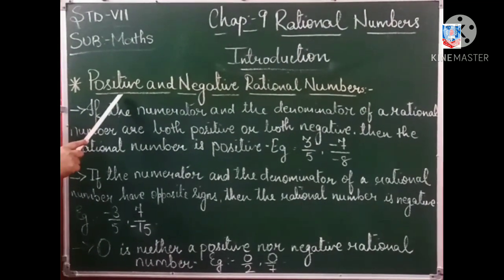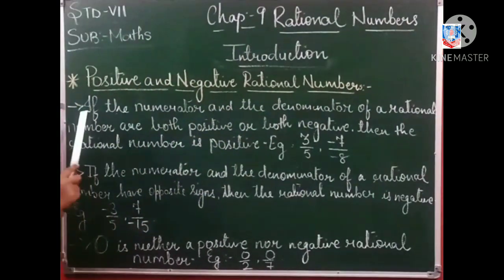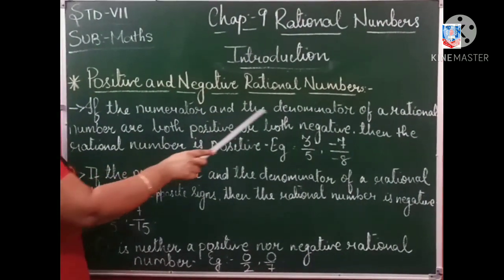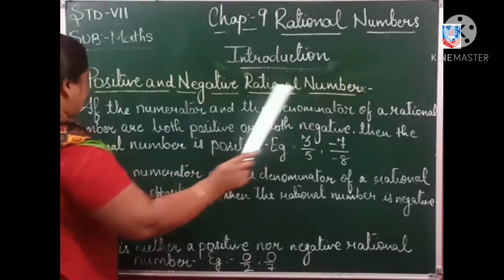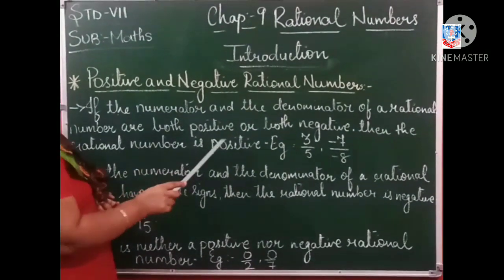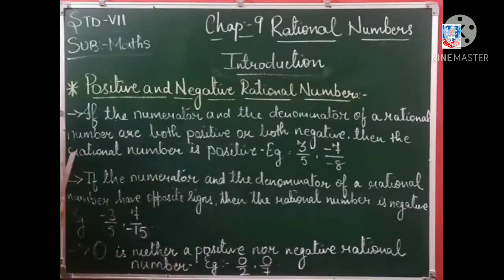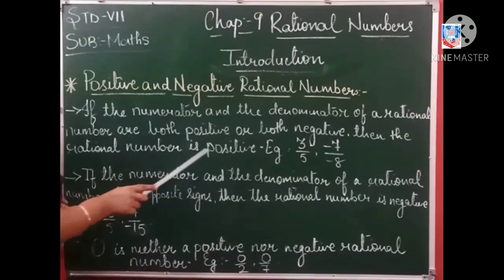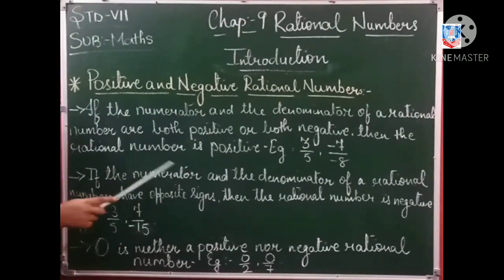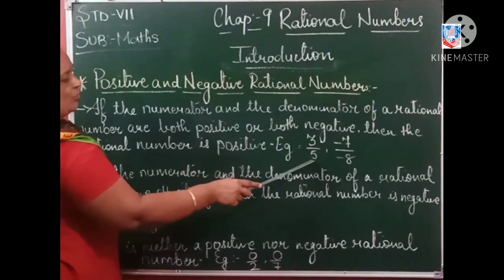Next is positive and negative rational numbers. If the numerator and the denominator of a rational number are both positive or both negative, then the rational number is positive. Now see, this is numerator, this is denominator.